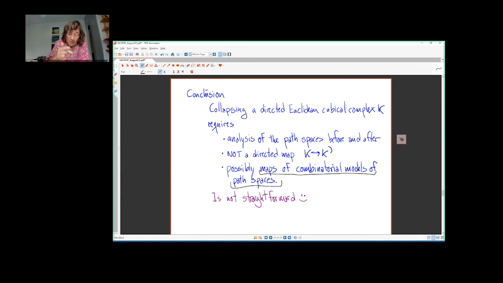Maybe we can do that, but we won't get it via a map like that, because there isn't one, even in very simple cases. I thought I had to go to dimension 4 for this to go wrong, but it goes wrong in dimension 3. So I think this is the conclusion: it's not easy, and there's work to be done, and that's of course a good thing. So yeah, I think I'll stop here.